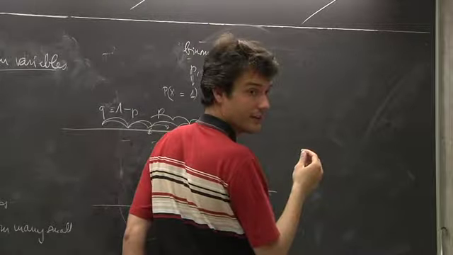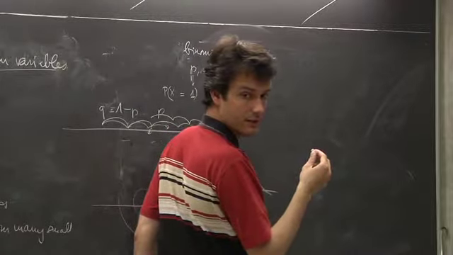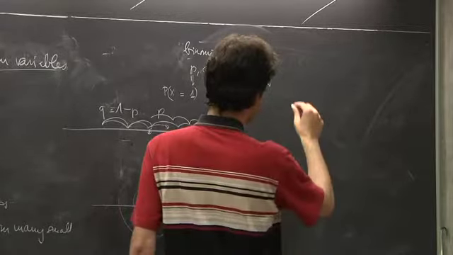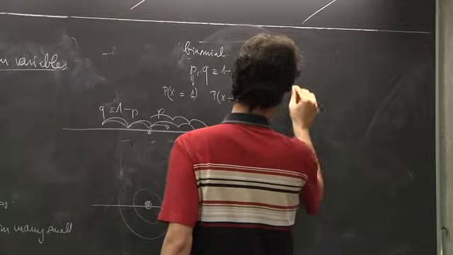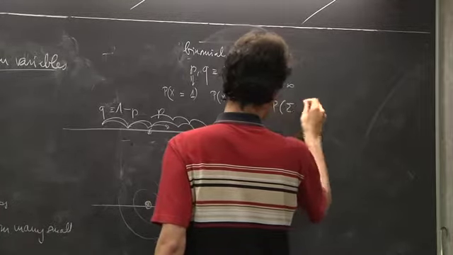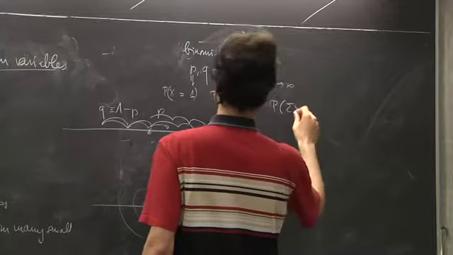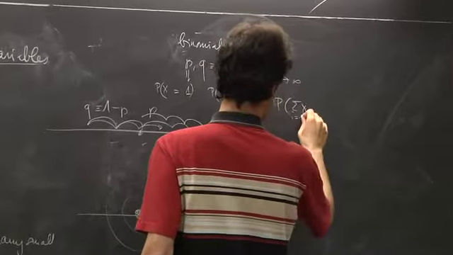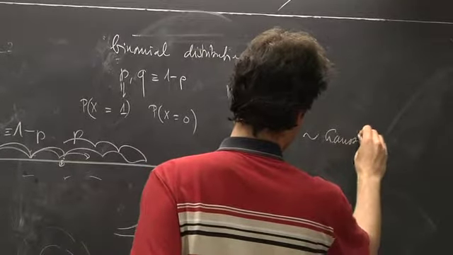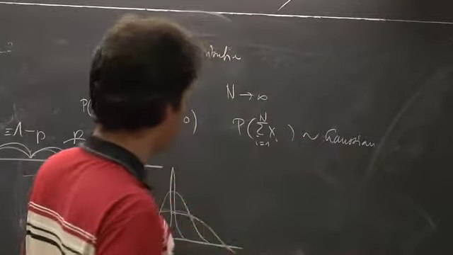Yeah, the Gaussian, so okay, so when n goes to infinity, the distribution of the sum over these x_i's becomes Gaussian, okay, and what are the characteristics of this Gaussian?